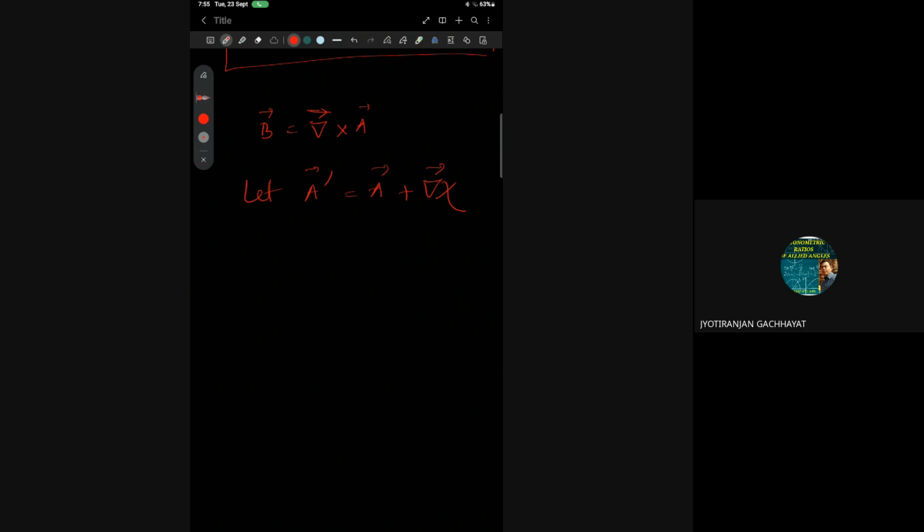I choose A prime in such a way. This is an arbitrary scalar function.